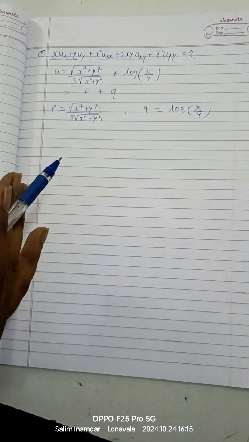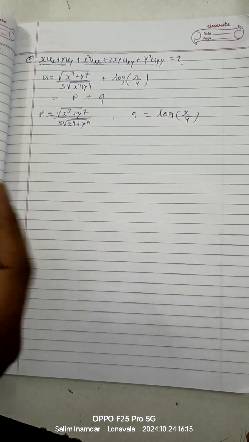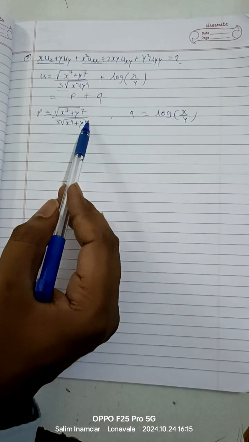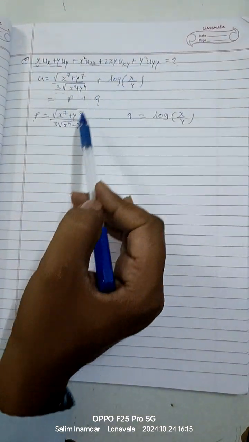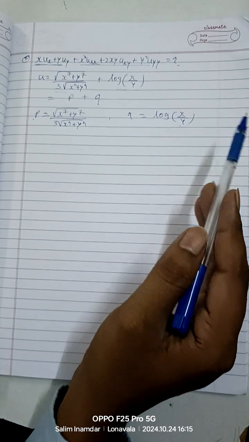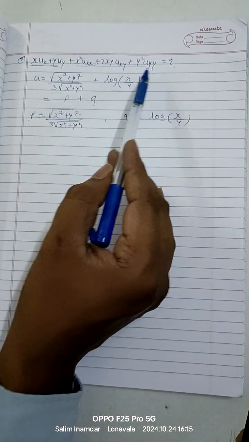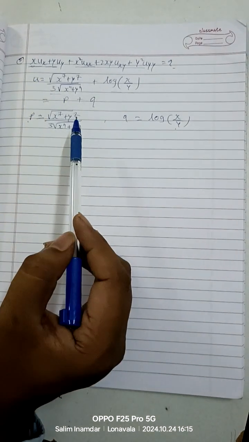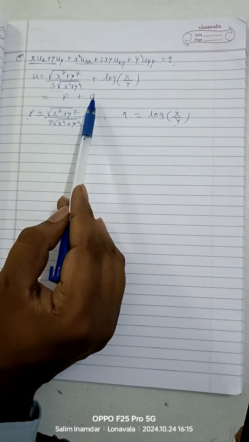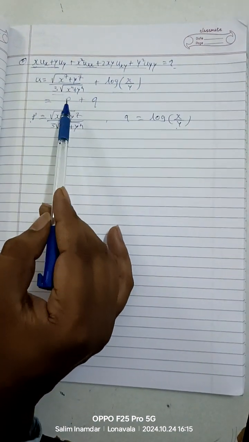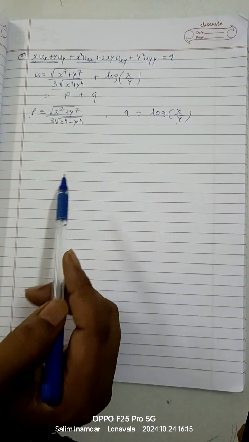Both these functions are homogeneous functions. If I find the same equation for p and for q, and add them together, I'll definitely get the partial differential equation for this u. As u is the summation of p and q, we will find this equation for p separately and for q separately, and then add it.